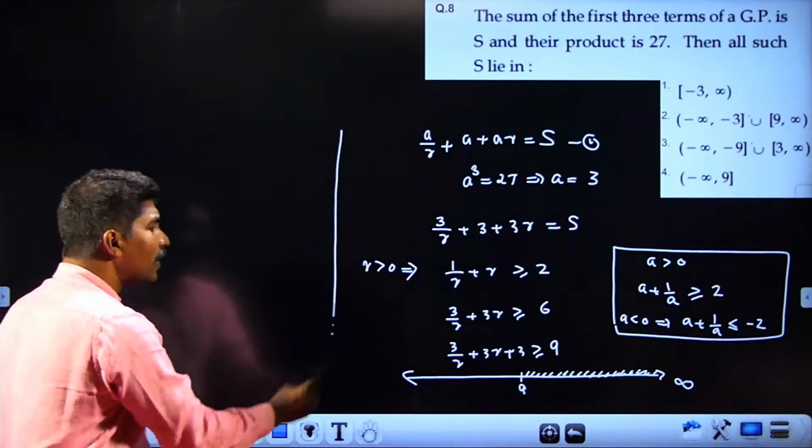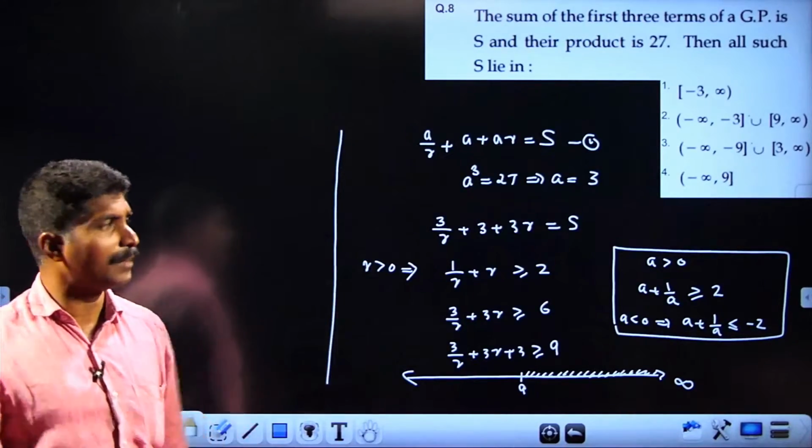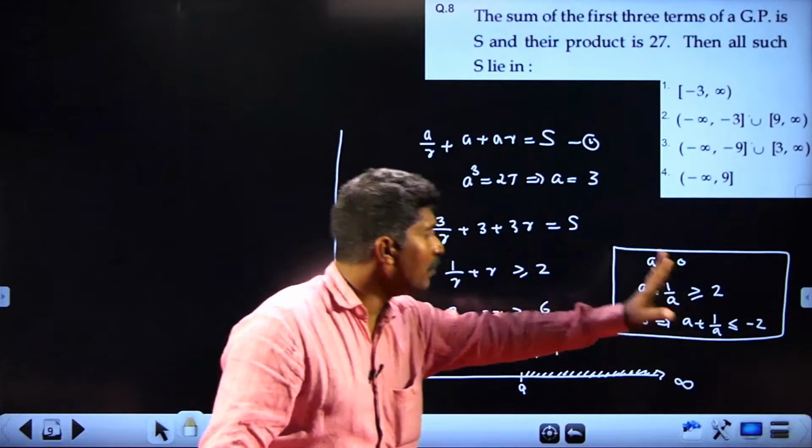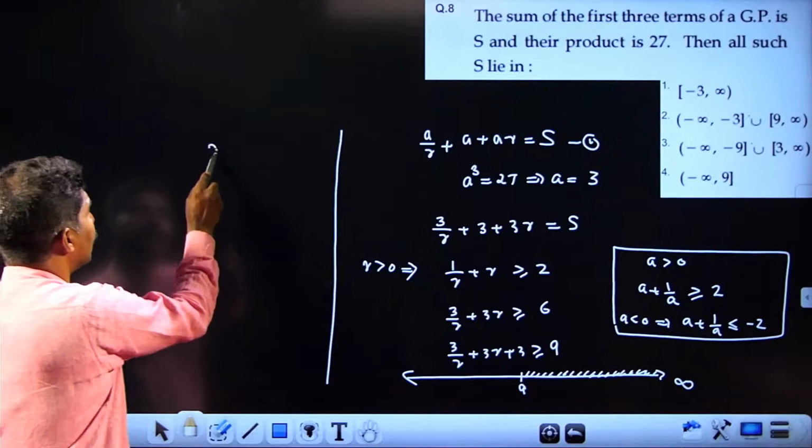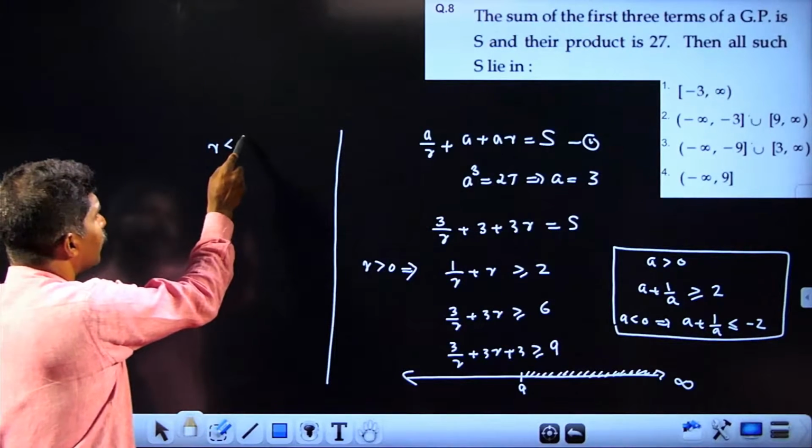Now, exactly the same concept. Here, R plus 1 by R is less than negative 2, where suppose R is less than 0.